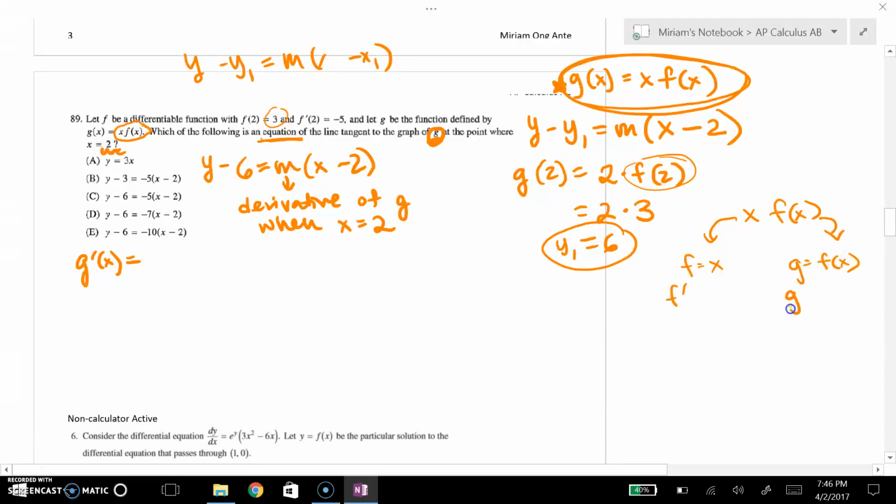F prime and g prime. Well, f prime is easy. That's 1. G prime, the derivative of f of x, is f prime of x. We can do this, okay? So it's going to be f prime g plus f g prime, which is going to be 1 times f of x plus x times f prime of x, which is f of x plus x f prime of x.